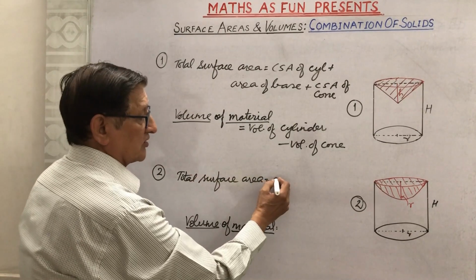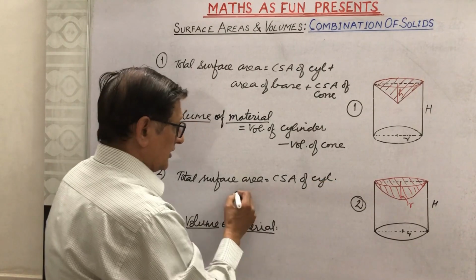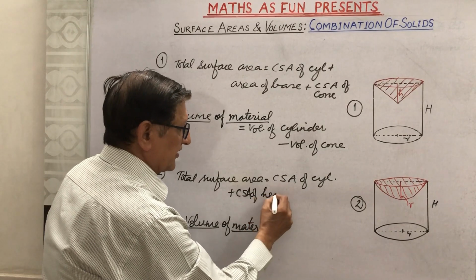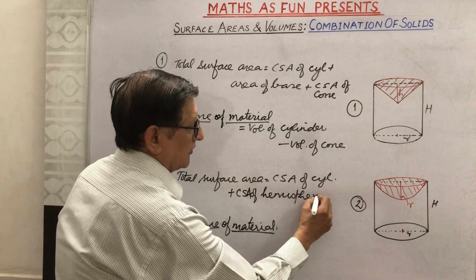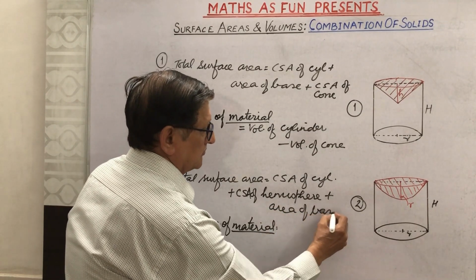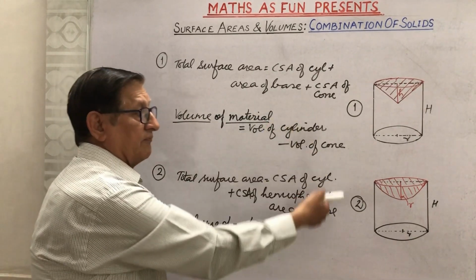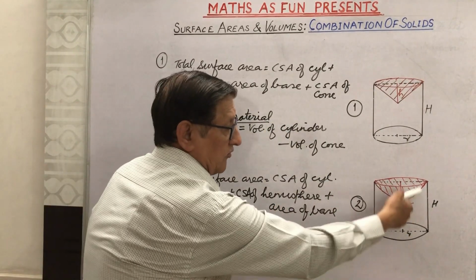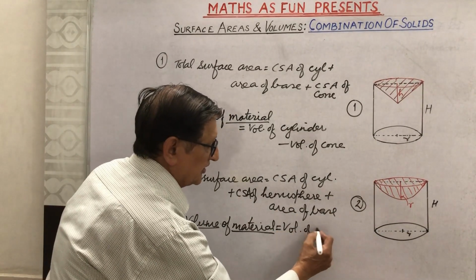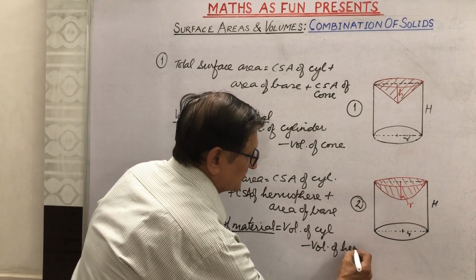So we find the total surface area will be curved surface area of cylinder plus curved surface area of hemisphere plus area of base. To find the volume, again the same way, the volume of this material of which it is made will be equal to the volume of cylinder minus volume of hemisphere.